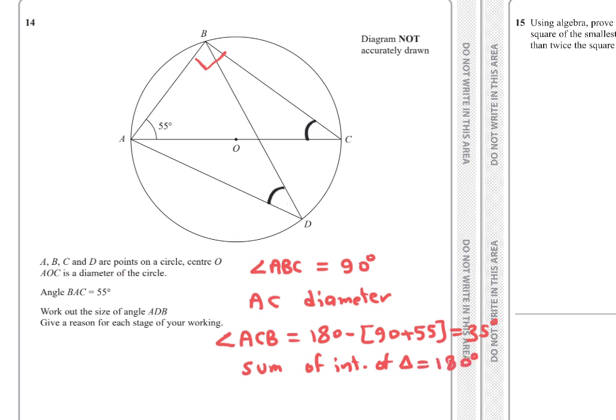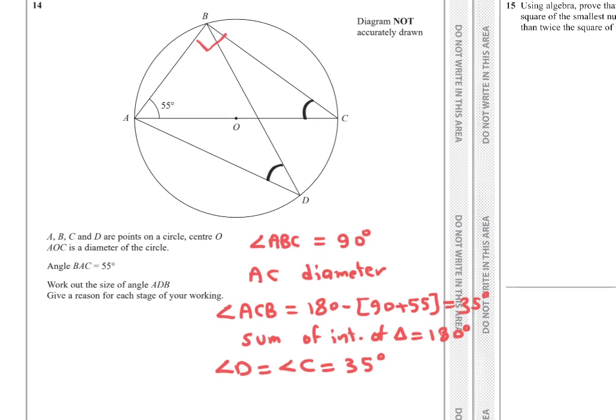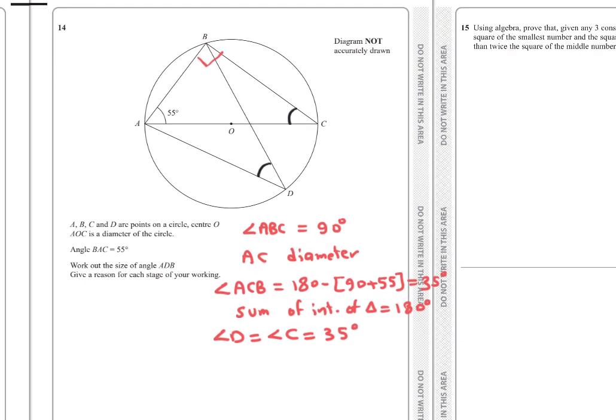Now angle D equals angle C, so angle D equals angle C equals 35, because they are opposite to the same arc.